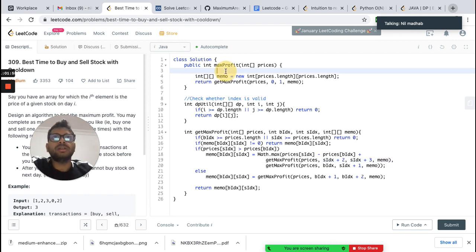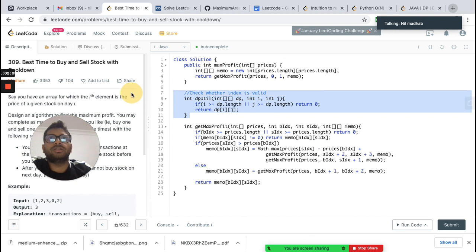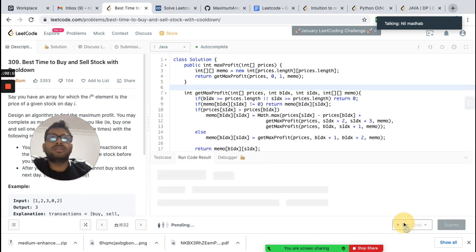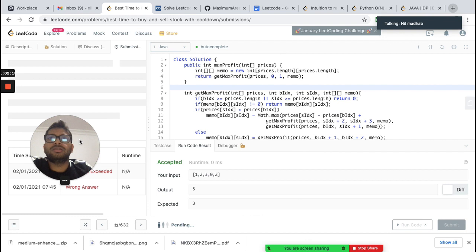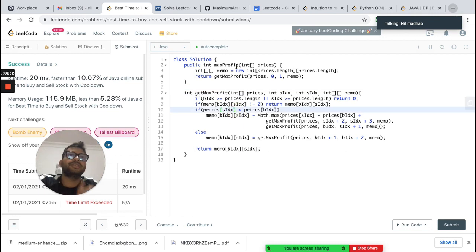So let's go through the solution, because this is similar to what we made. Forget this dputil, I think we don't have this one. Yes, we only need this. As you can see, this code is running, and if you submit it, yeah, it's a success. So let's just discuss the solution here.